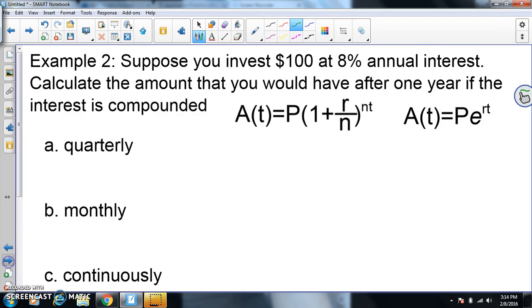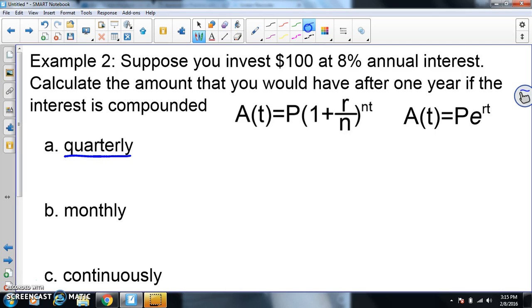So let's look at an example of compound interest. Suppose you invest $100 at 8% annual interest. Calculate the amount that you would have after 1 year if the interest is compounded, A, quarterly, B, monthly, and C, continuously. So, depending on how often the interest is compounded, then depends what formula we're going to be using.